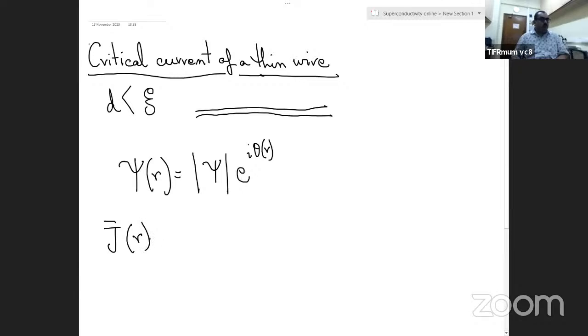the current in the superconductor, in the wire, will be given by e star by m star psi mod squared.